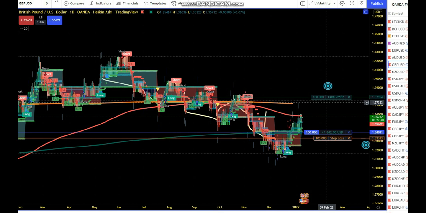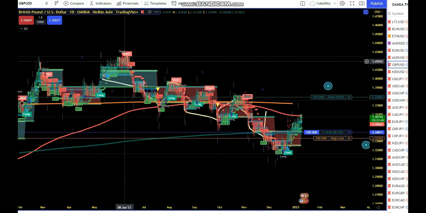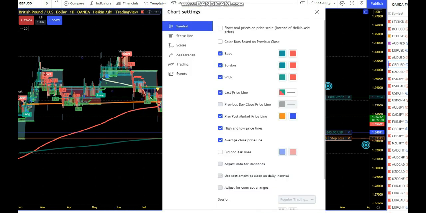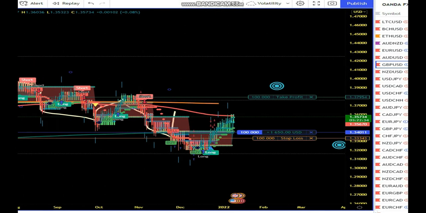So I show you now, you see here, another chart which I have included in this chart. I make it a little bit smaller. Okay, this is smooth candles dynamic. You can include it here, right?